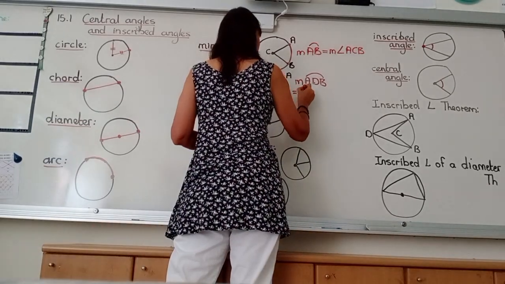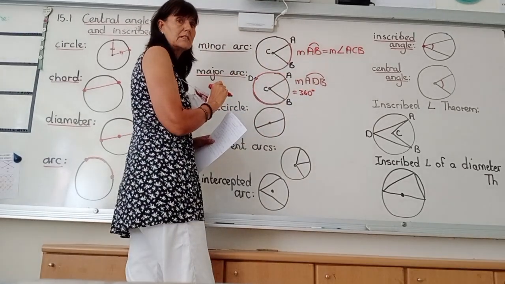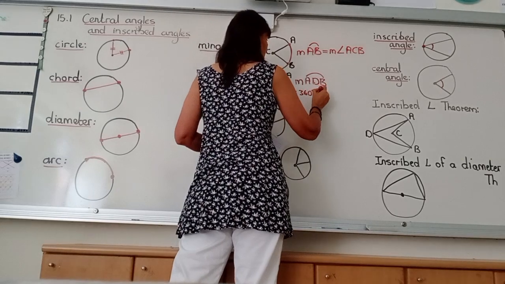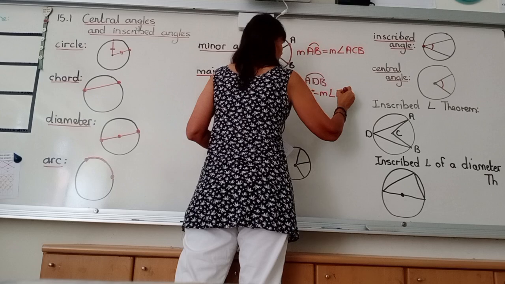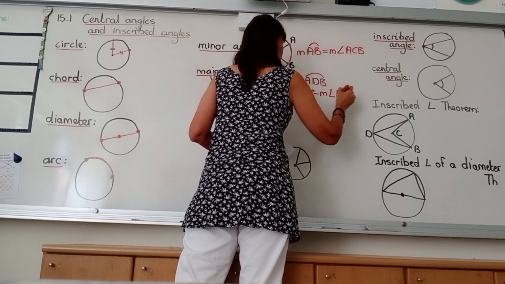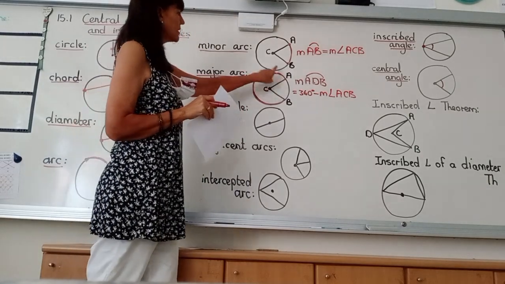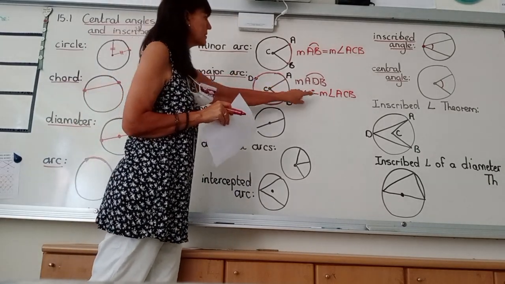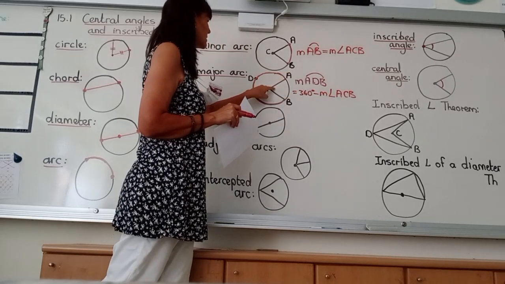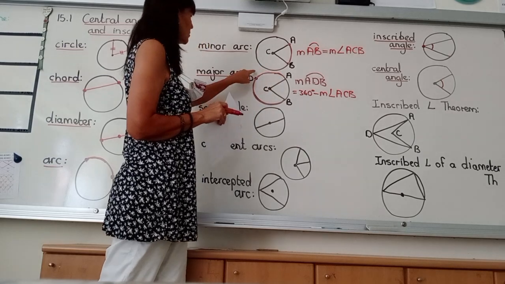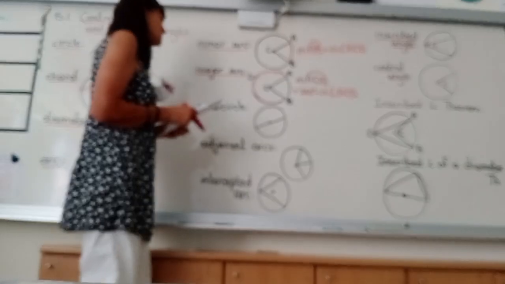We're going to take 360 degrees, because right around the circle is 360 degrees, and subtract this minor angle, the angle at the center. Okay, 360 degrees minus the angle ACB, and you will have the measurement of this major arc, also in degrees.